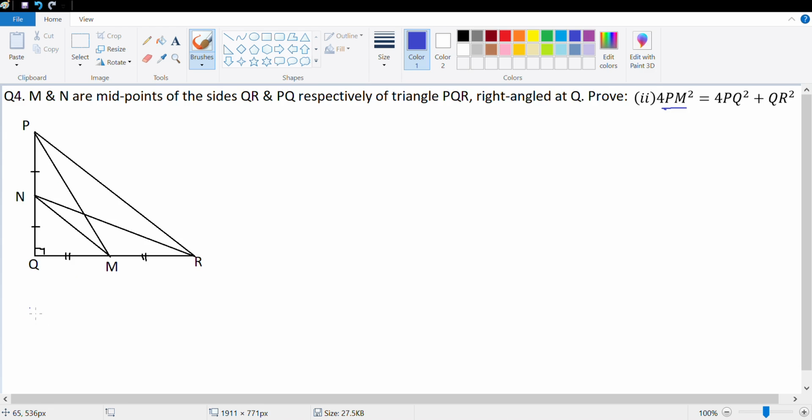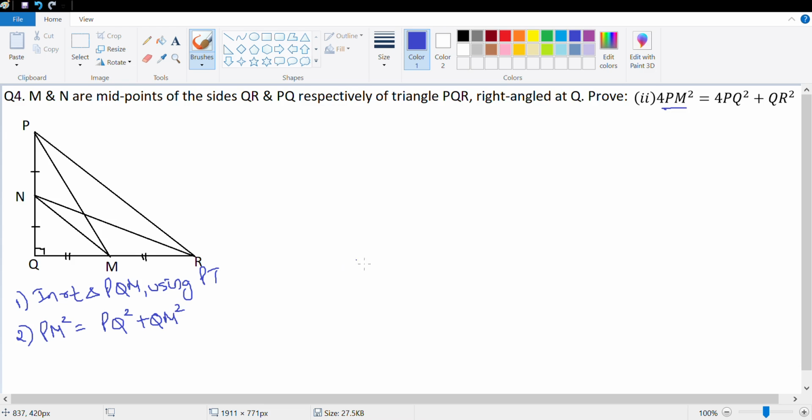Let's look at fresh points. In right triangle PQM, using Pythagoras theorem, what I get is PM square is equal to PQ square plus QM square.